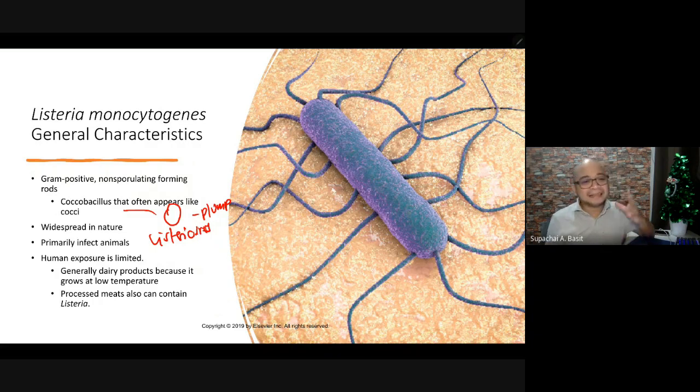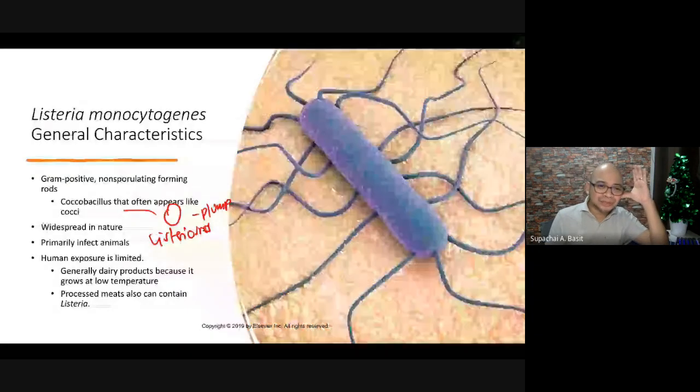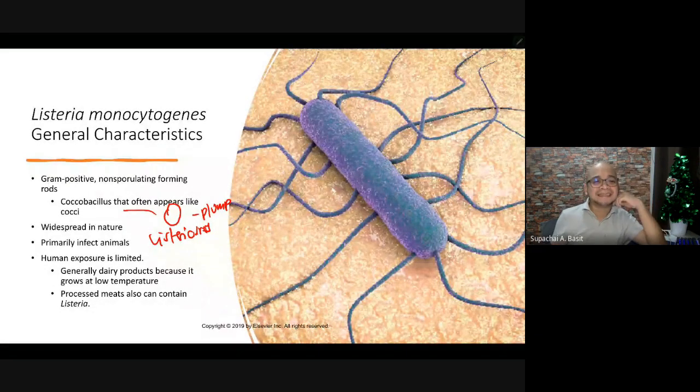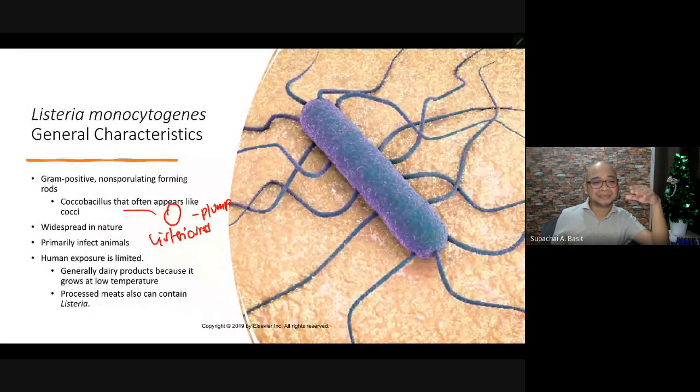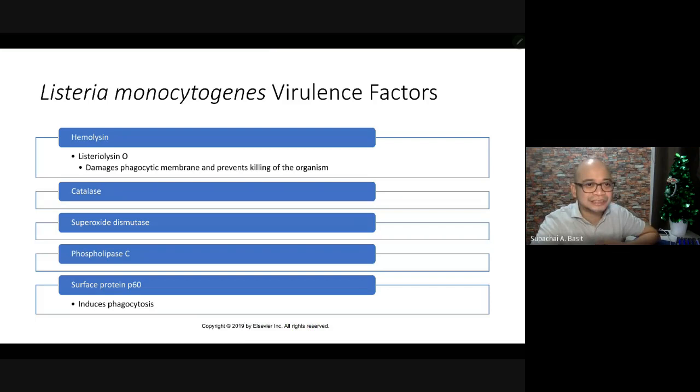Our exposure to listeriosis is very limited unless we consume dairy products, because these organisms can even grow at low temperature, and processed meat that is not hygienic when it comes to preparation. So these are conditions where we can get Listeria or listeriosis.